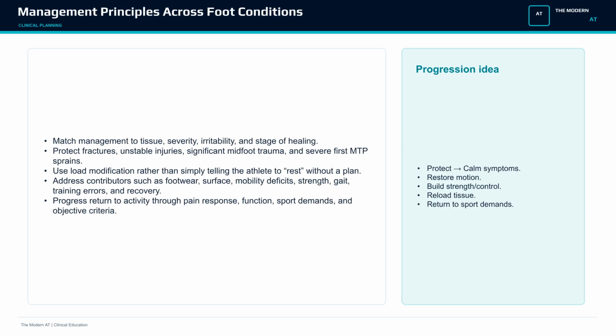Protection may involve immobilization, taping, footwear modification, offloading, or activity restriction. As symptoms improve, address mobility, strength, balance, gait, foot intrinsic control, calf capacity, footwear, surfaces, training errors, and recovery. Return to activity should be guided by pain response, function, sport demands, and objective criteria, not time alone.